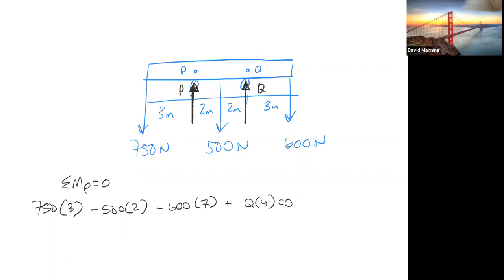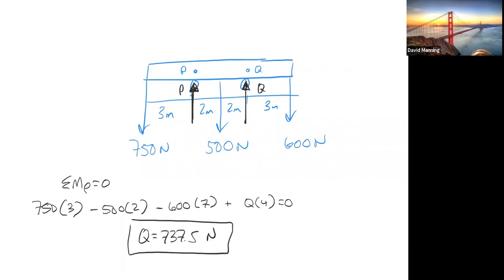I'm going to need this crazy calculator again. I got 2950, and I'll divide that by 4. Q is 737.5. I'm going to do forces up here just because for some reason I stuck everything right in the middle.